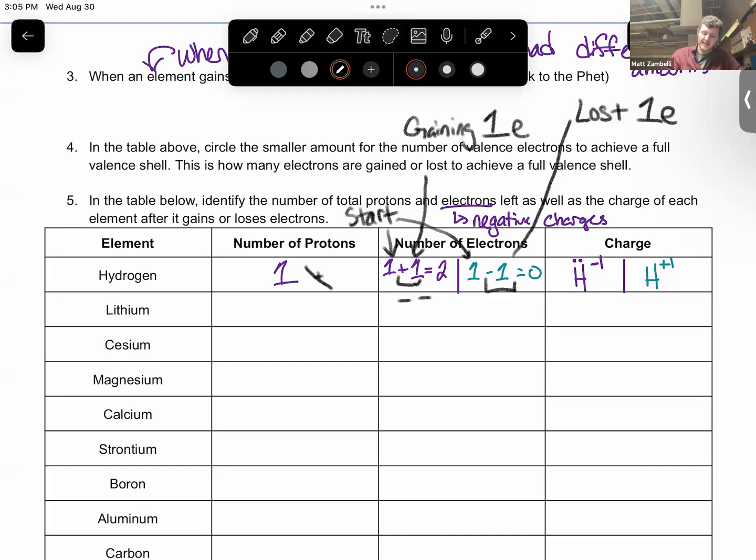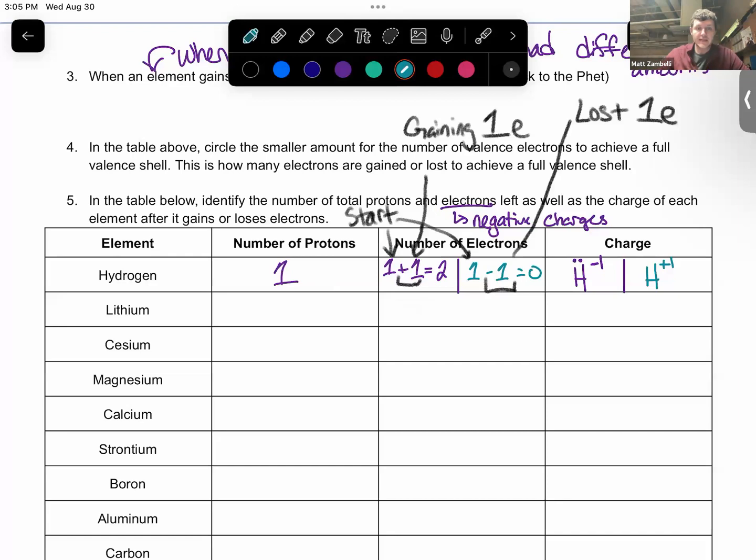So these guys cancel and we're left with an extra negative charge that wasn't there before, right? If we think about this one, we'd have zero negatives. So then we still have that extra positive charge that isn't being balanced out. And that's how we got to this guy, right?